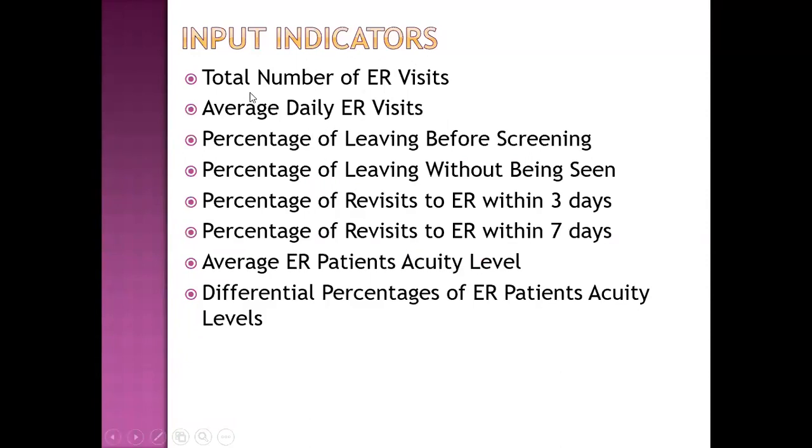Input indicators include total number of emergency room visits, average daily emergency room visits, percentage of leaving before screening, percentage of leaving without being seen, percentage of revisits to emergency room within 3 days or within 7 days, average emergency room patient acuity level, and differential percentages of emergency room acuity levels.